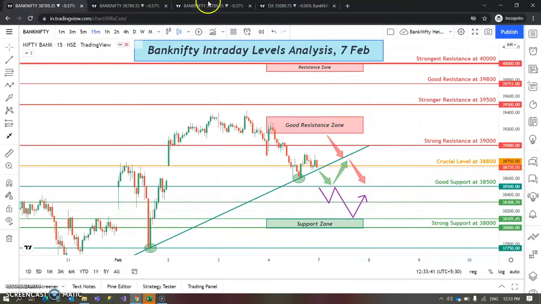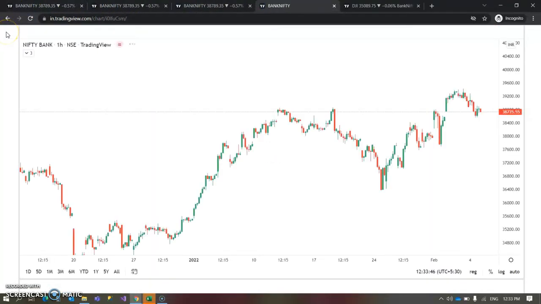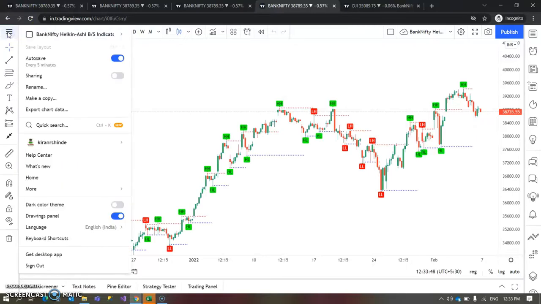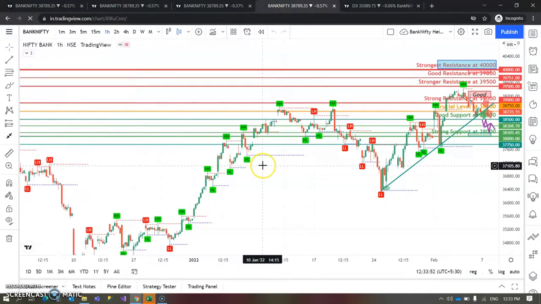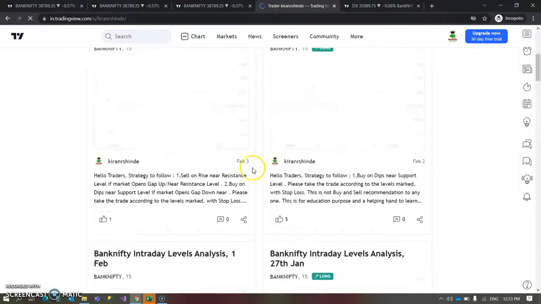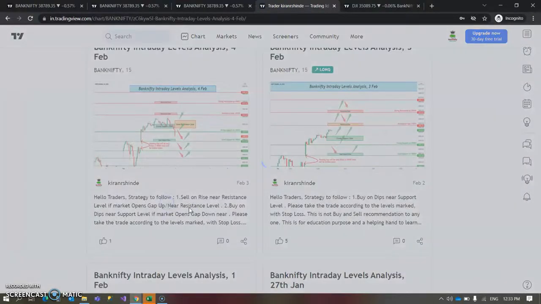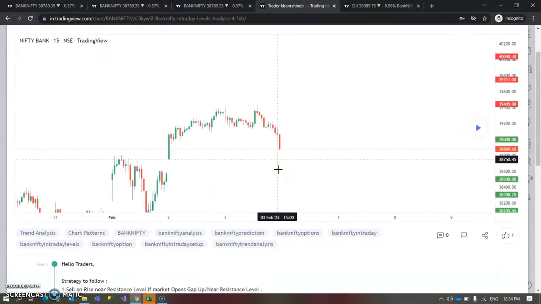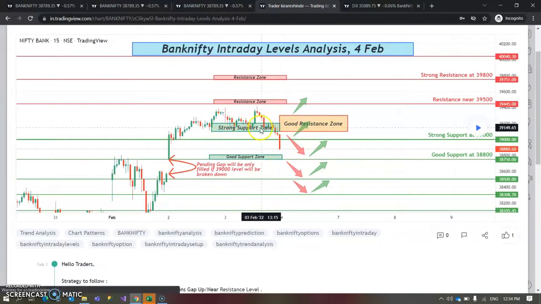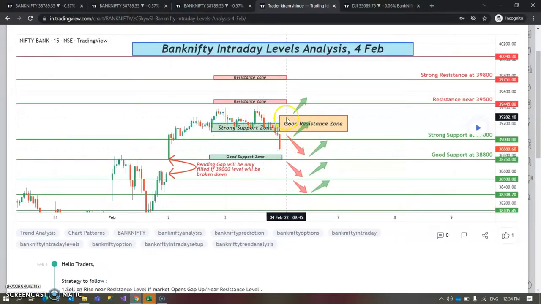If you look at my previous post, let me show you what I wanted to show. If you remember, I had marked that particular zone in orange, stating that it is a good resistance zone. This strong support was broken, and we have seen a good resistance zone being developed.